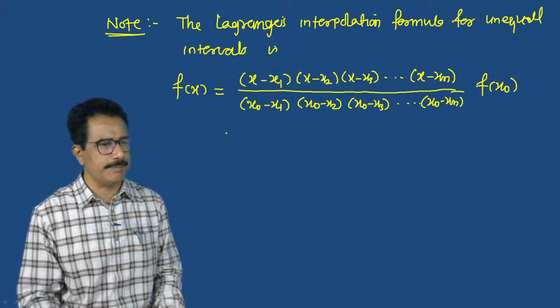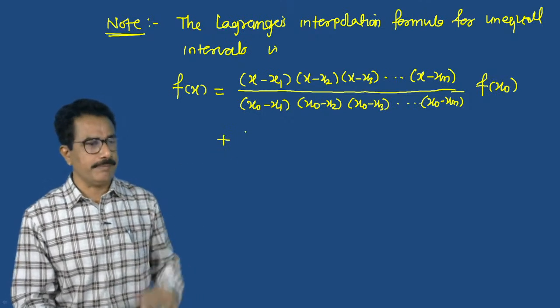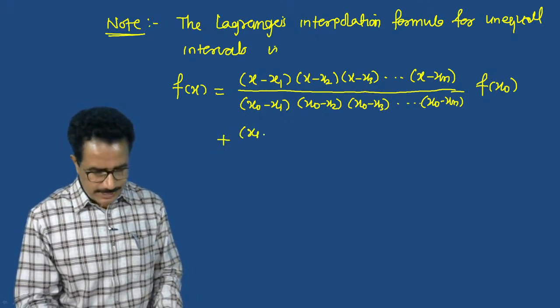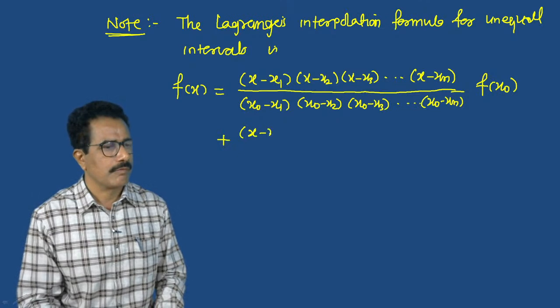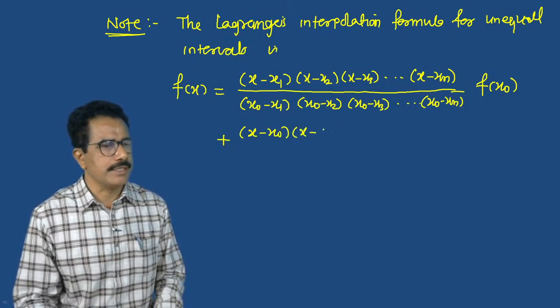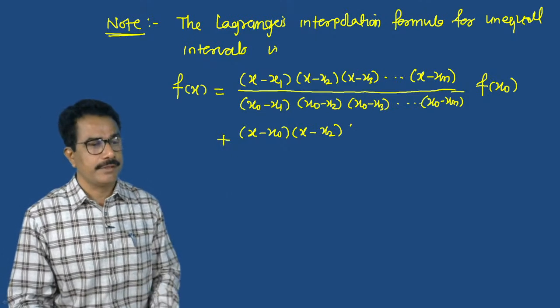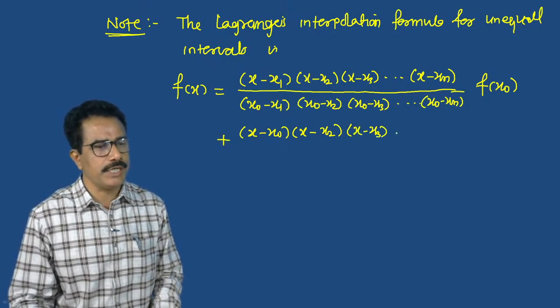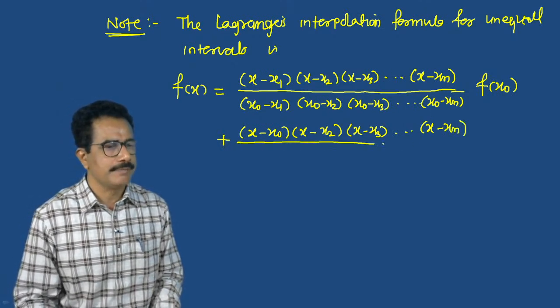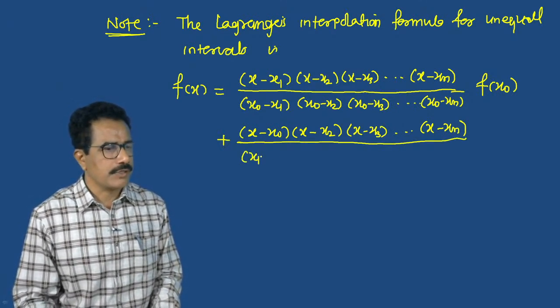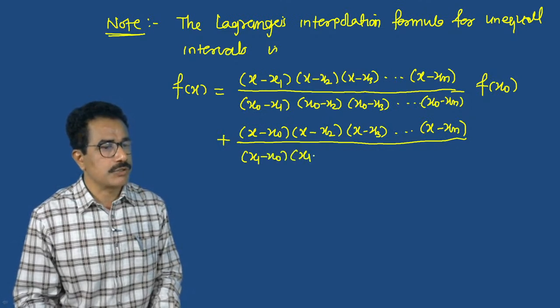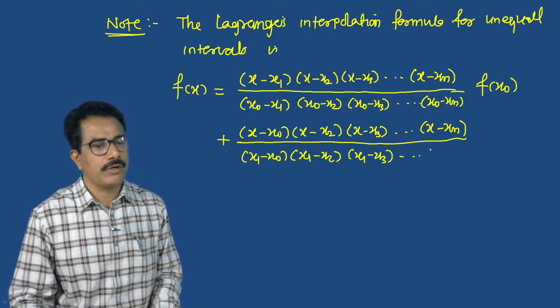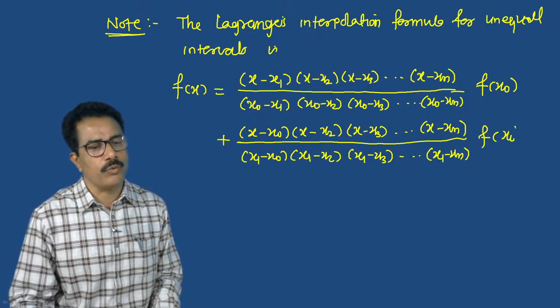This is the first term plus second term, आता x minus x0, x minus x2 (x1 येणार नाही), x minus x3 dot dot dot x minus xn divided by x1 minus x0 x1 minus x2 x1 minus x3 dot dot dot x1 minus xn f of x1.